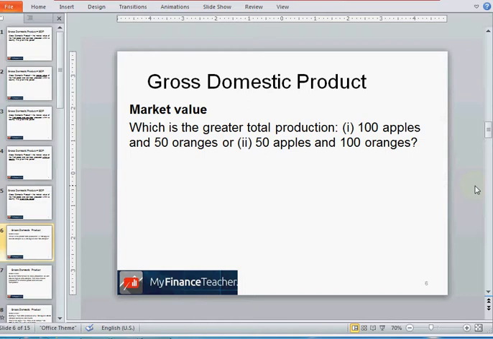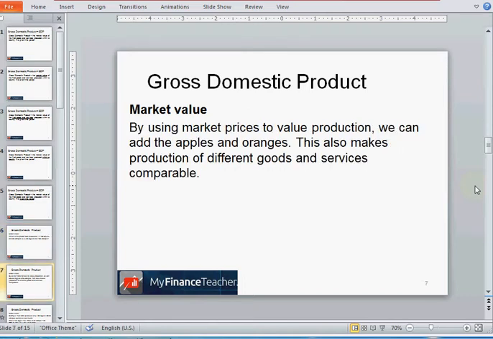To answer this question, you need to be able to compare the value of apples with the value of oranges. And if we use market values, that is one way of comparing apples with oranges, as well as adding those together.